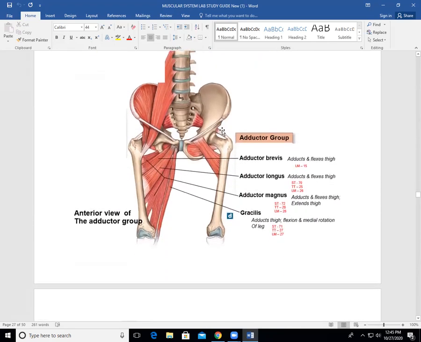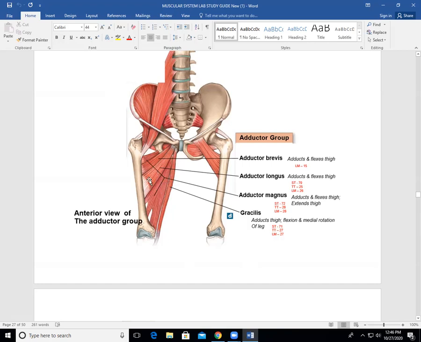All right, the next set of muscles is the adductor group. They're called that because they help to adduct the thigh, bringing it back toward the midline. Back here and here is the adductor magnus, because it's the larger of the muscles. It can adduct and it can flex the thigh.